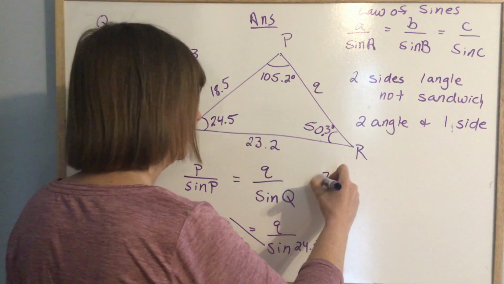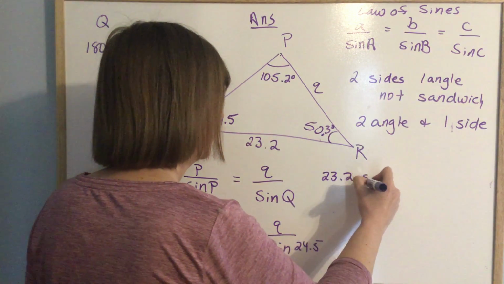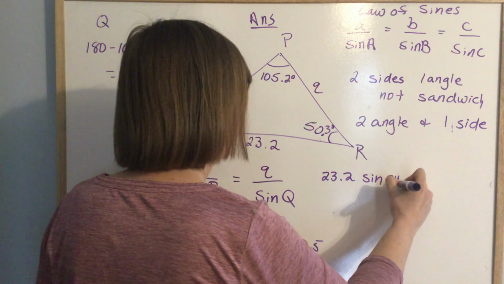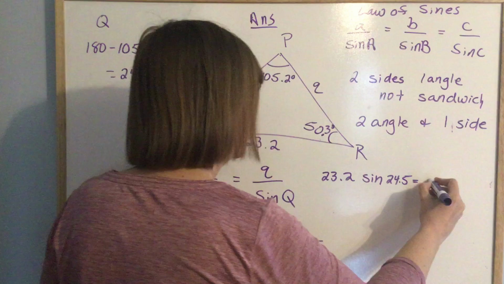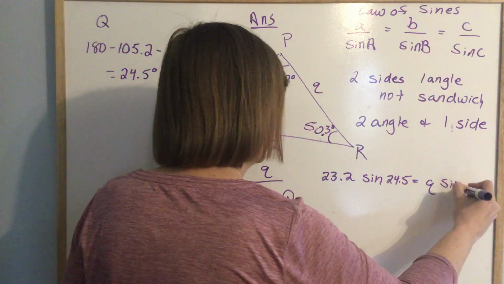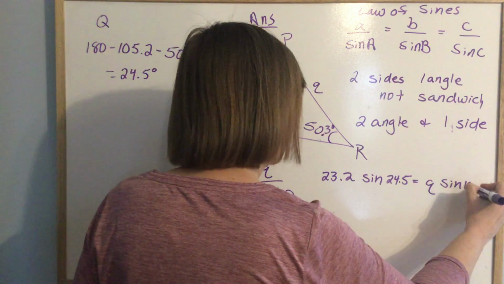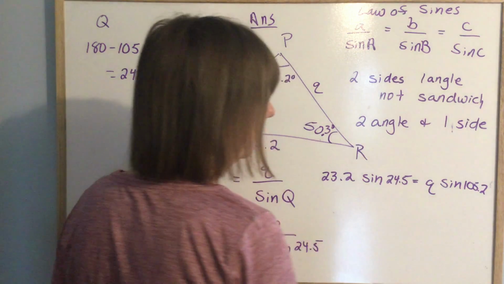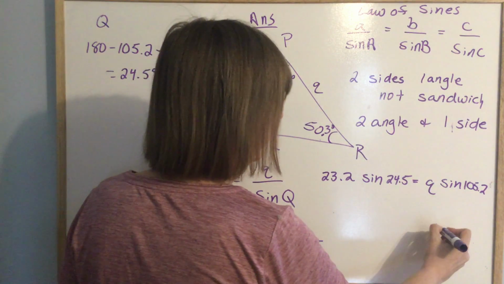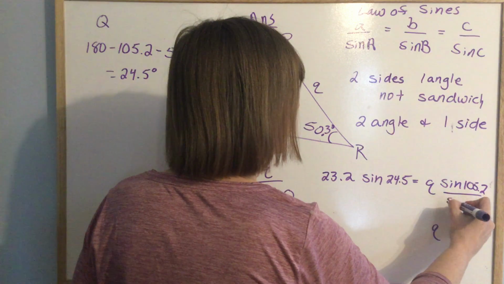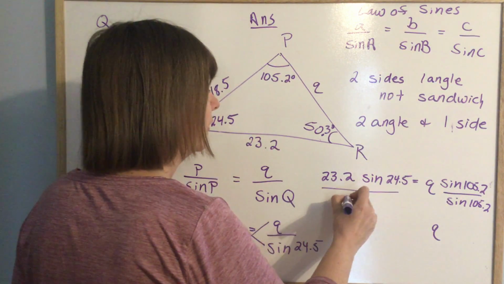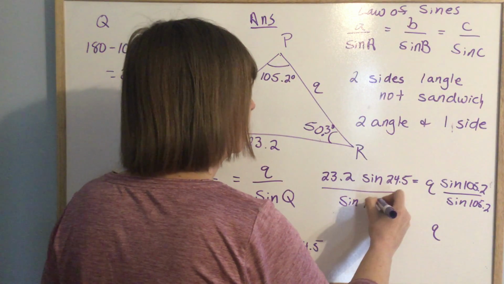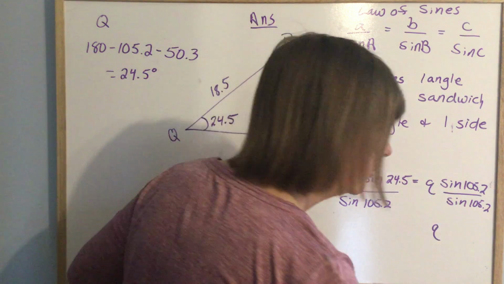I'm going to do 23.2 times sine of 24.5 equals Q times sine of 105.2. I would like Q to be by itself, so I'm going to divide this side by sine of 105.2.